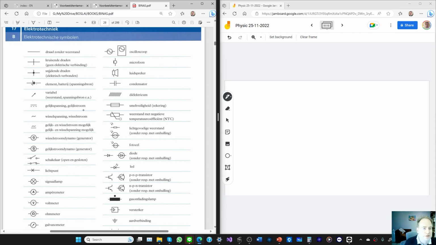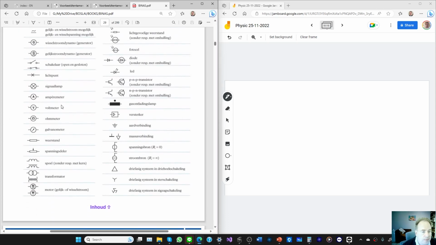Okay, so we have a coil. Where is the coil? With or without a core. I think this one is without a core, as far as I remember, but it doesn't matter. We can always put just a line on top of it.